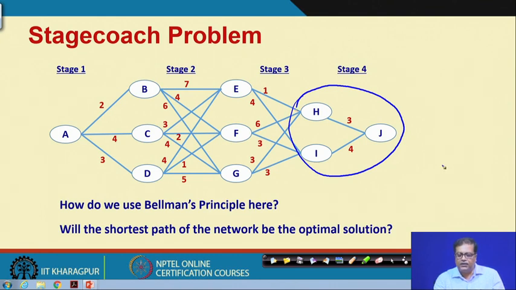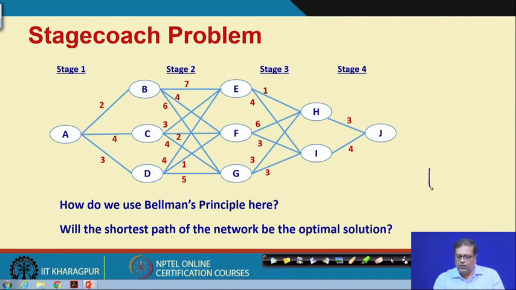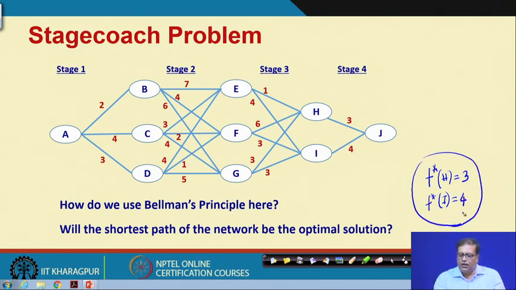What are those optimal decisions? If we start from H, then we can write f star H is 3, and the optimal decision from I, f star I, will be 4. So f star H is 3 and f star I equal to 4. They are my stage 4 optimal decisions.